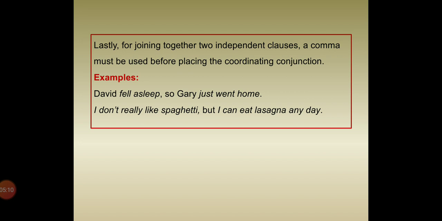But when we have to join two independent clauses, a comma must be placed before the coordinating conjunction. Examples are: David fell asleep, so Gary just went home. So here we can see that before using the coordinating conjunction, we have put a comma.